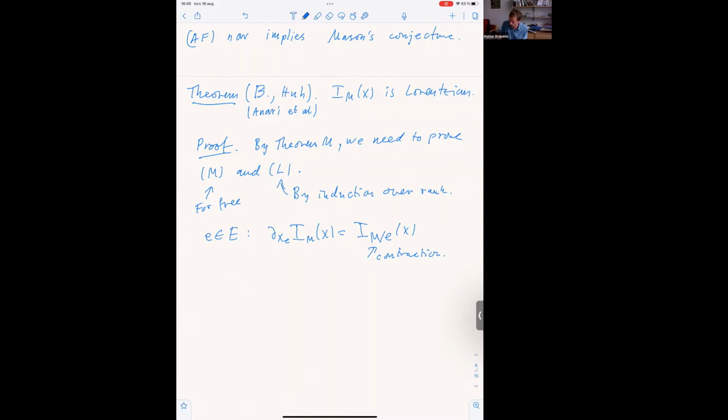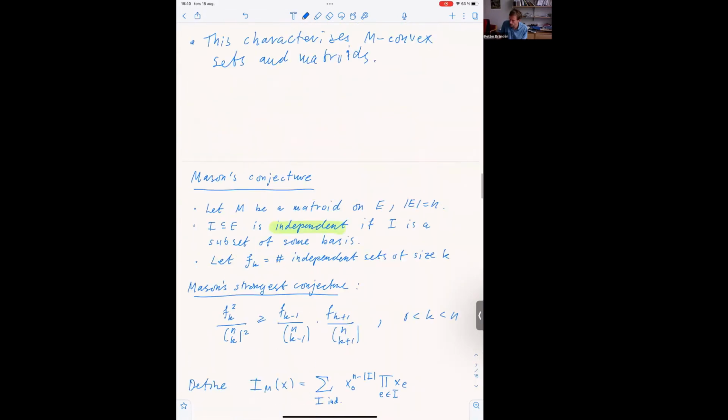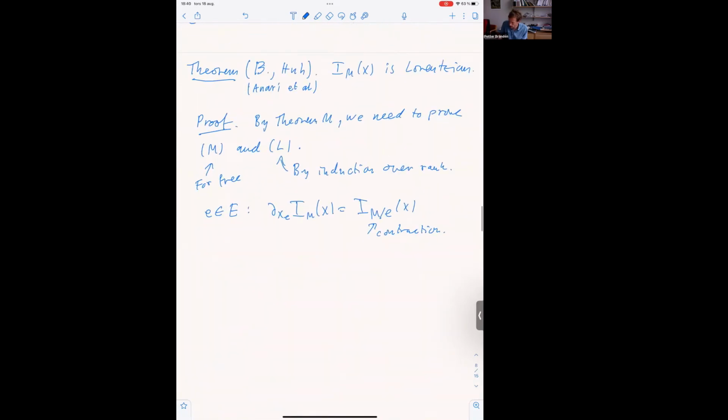So by induction, in checking this, we only have to check that the Hessian of the derivative with respect to the other variables, of order n minus 2 and d minus 2, has exactly one positive eigenvalue.